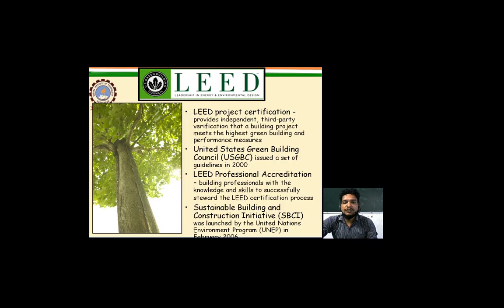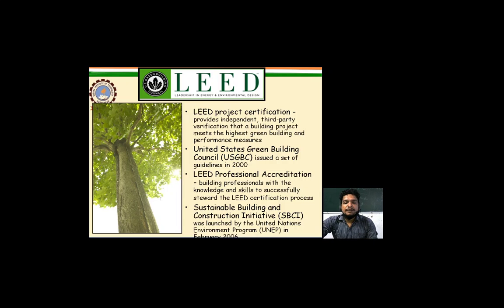Second is location and linkages, LL. Third is sustainable sites. Fourth is water efficiency. Next one is energy and atmosphere. Then materials and resources, indoor environmental air quality, awareness and education.